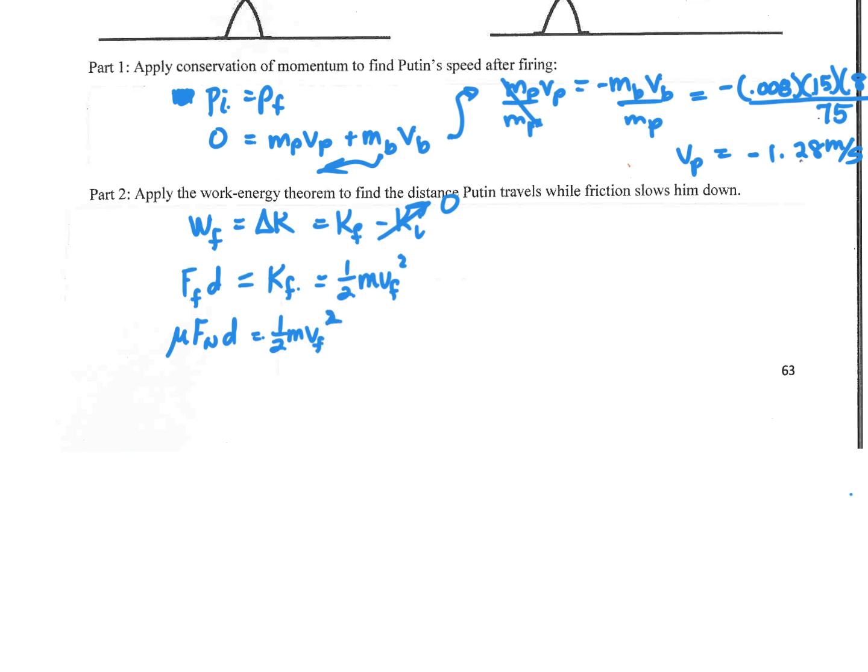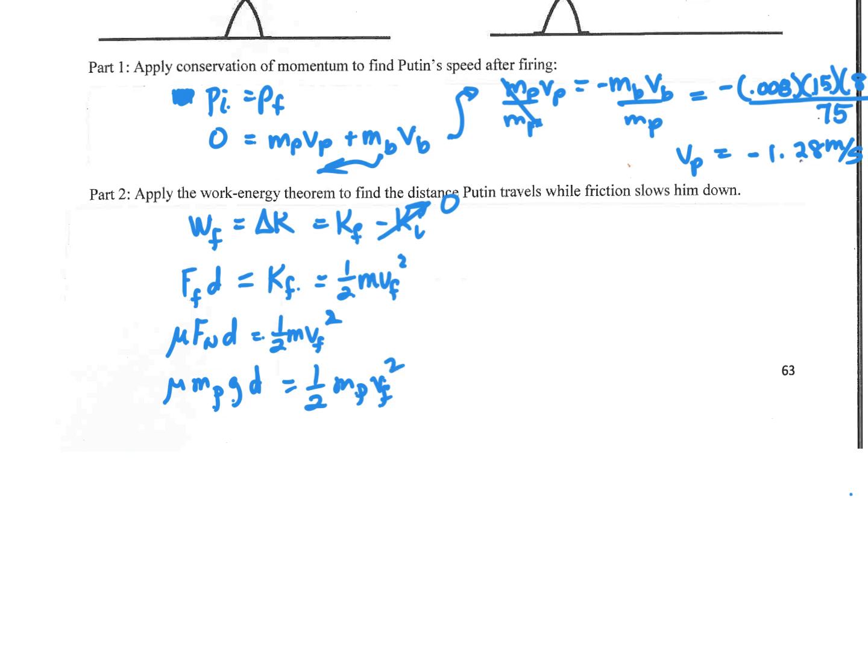Since he's pressing down on the ice and the ice is pressing back, the normal force is just mass times gravity. So mu times Putin's mass times gravity times the distance equals 1/2 Putin's mass times the velocity final squared, right?